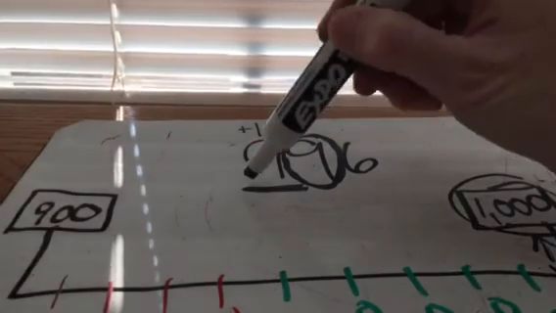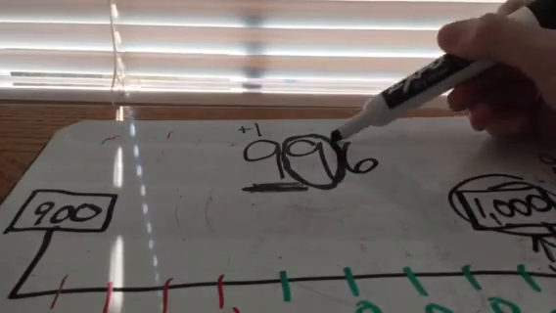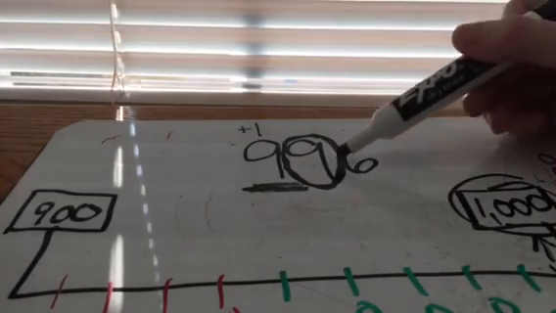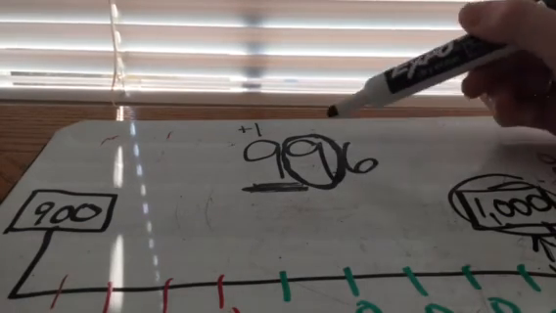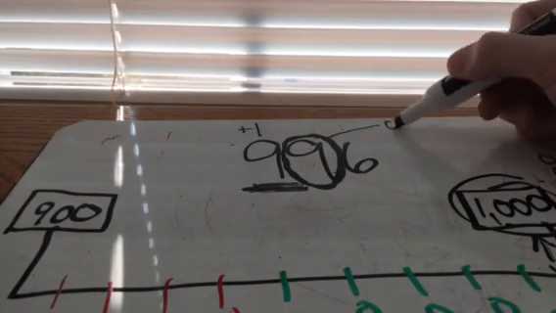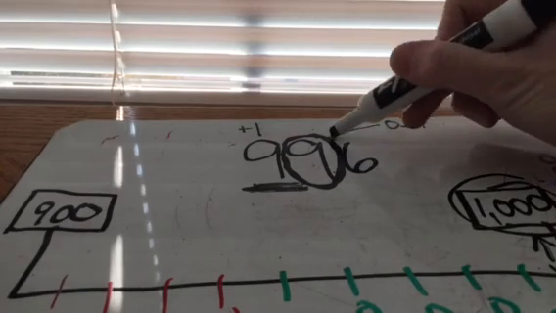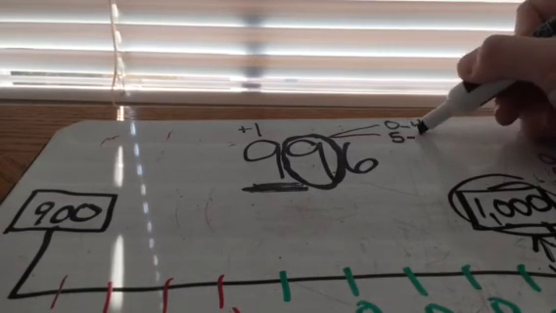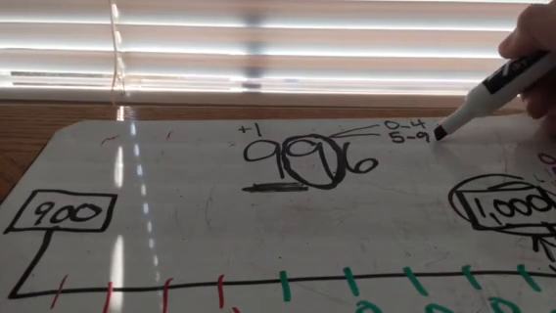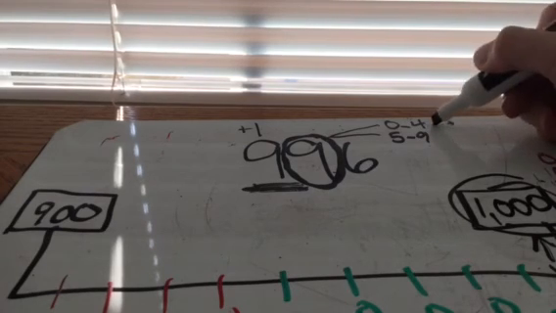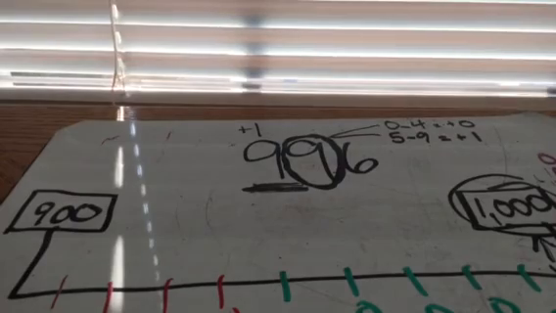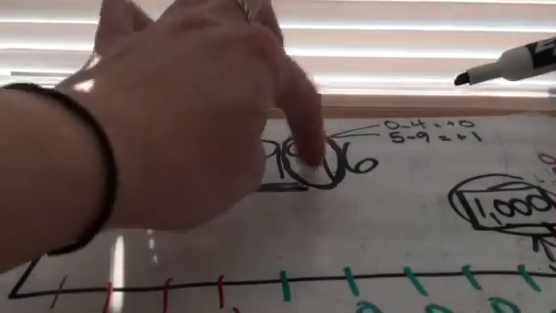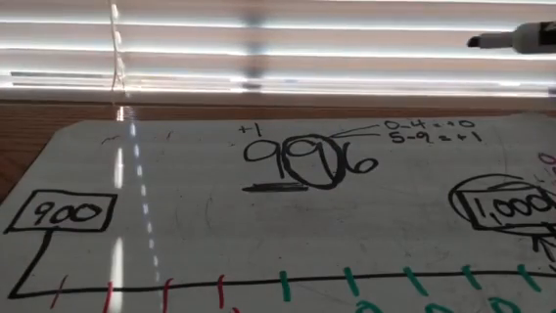So I underlined my digit in the hundreds place, move to the right and circle it. 0 through 4, the line stays the same. 5 through 9, adding 1 is the game. So the 9 in the circle, does that count as a 0 to 4 or a 5 to 9? So 0 to 4, we add 0. 5 to 9, we're going to add 1. So 9, we're going to add 1.